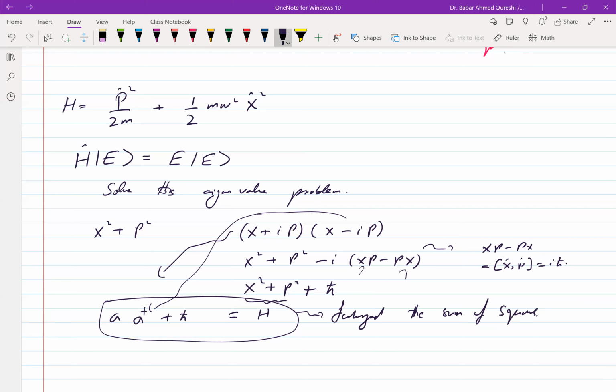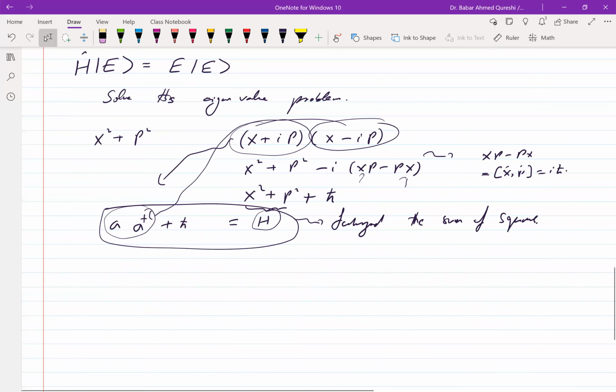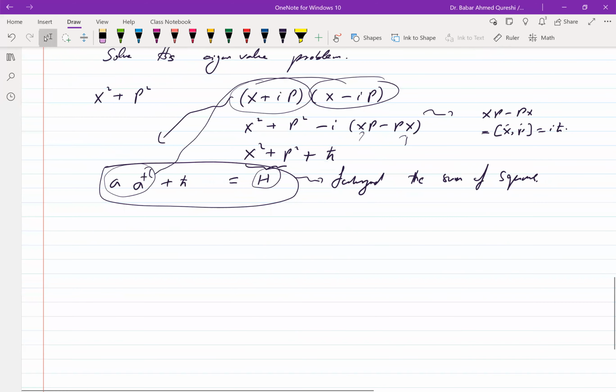Now, if using the properties of these individual operators, I can hope to find the spectrum of this operator H, because it's going to be just the spectrum of this guy plus some constant. So this was just hand waving and an invitation of why I'm doing what I'm going to do right now. So let's follow this strategy, but more carefully.